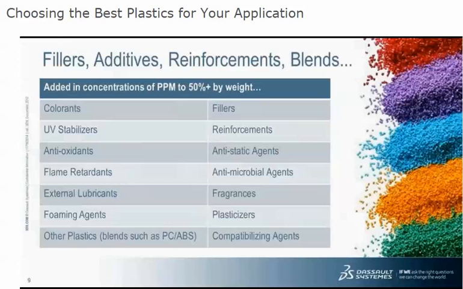These include things like colorants, UV stabilizers, flame retardants, foaming agents. We talk about blends might be other plastics. You add one plastic to another plastic. Fillers, reinforcements to make the material stronger, glass fibers, and so on. And this list goes on and on and on.